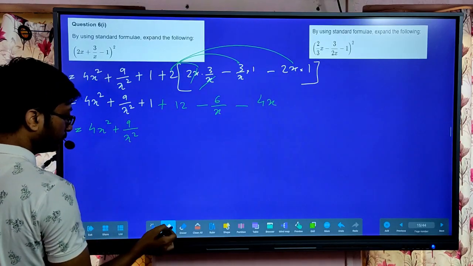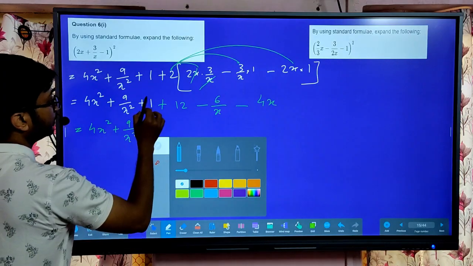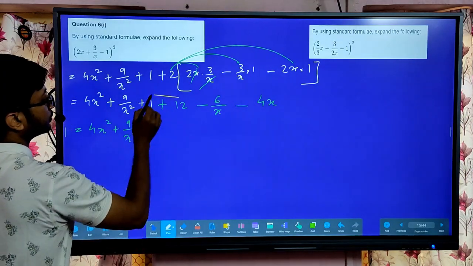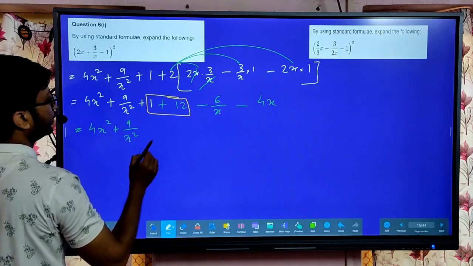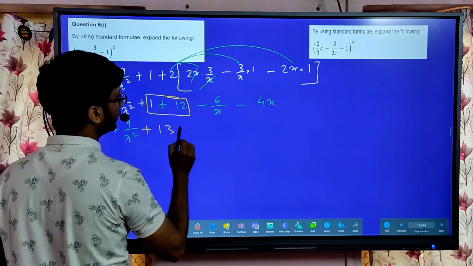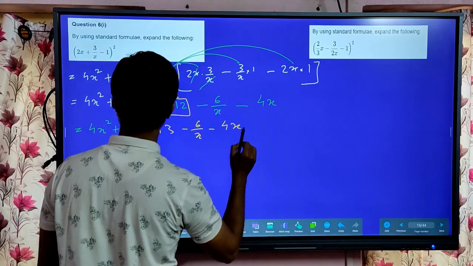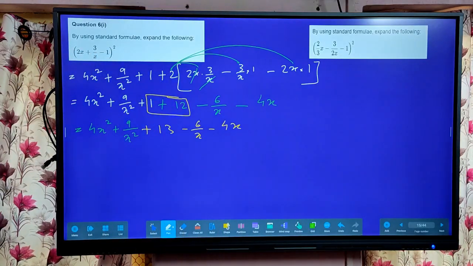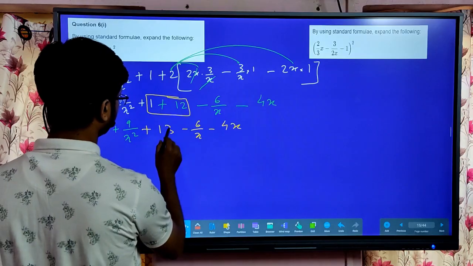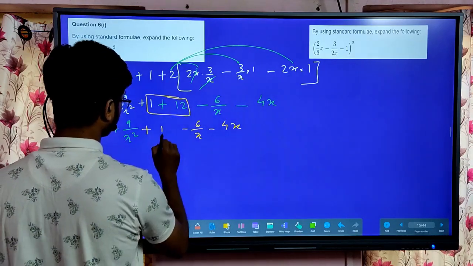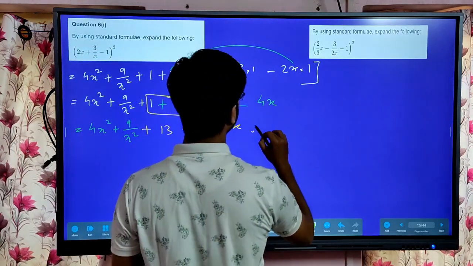You club these two numbers, 1 and 12, it will be plus 13 minus 6 by x minus 4x. So this will be the answer.